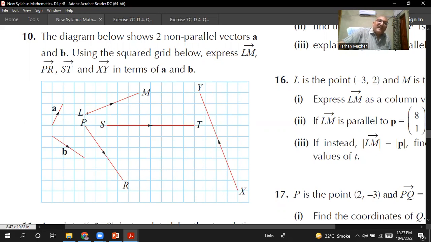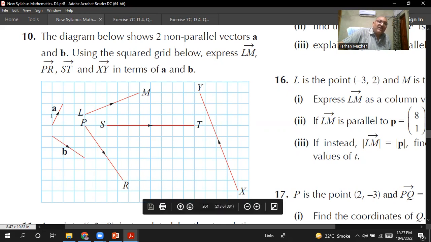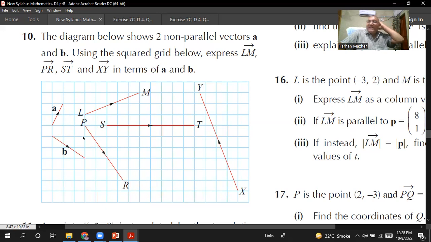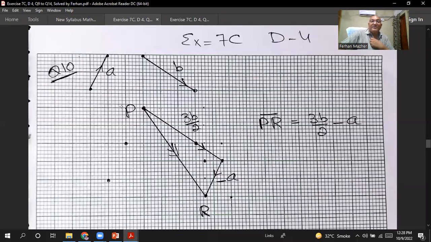So you have to represent this LM in terms of this A and this B. You see, the A is you go one step to the right, two steps up. The B is you go three steps to the right, two steps down. So that is the column vectors of the A and the B.